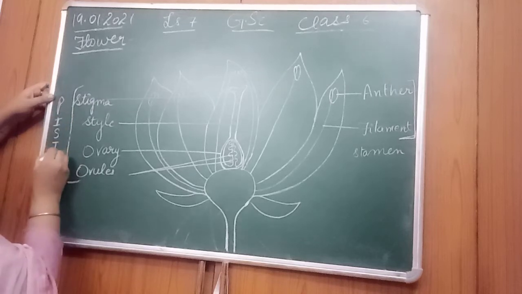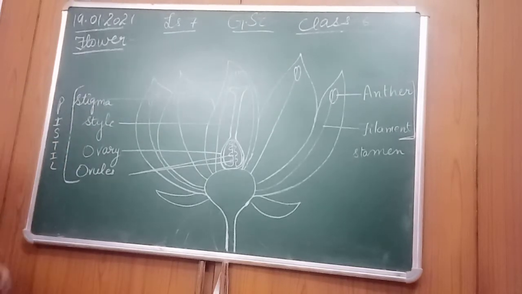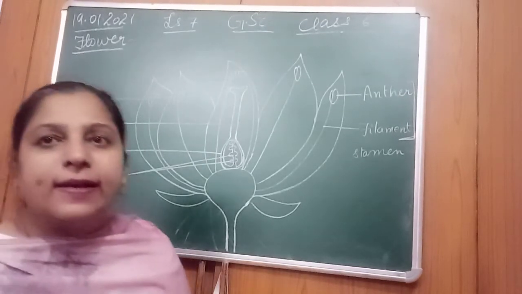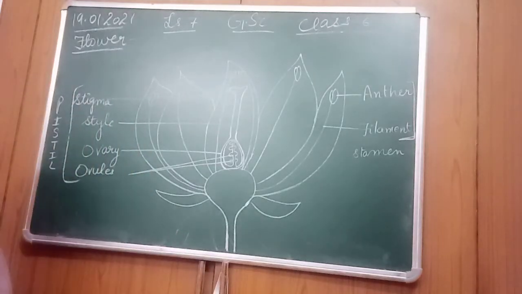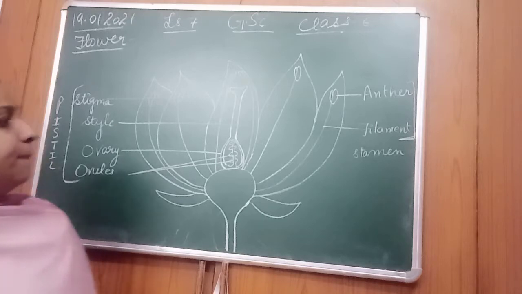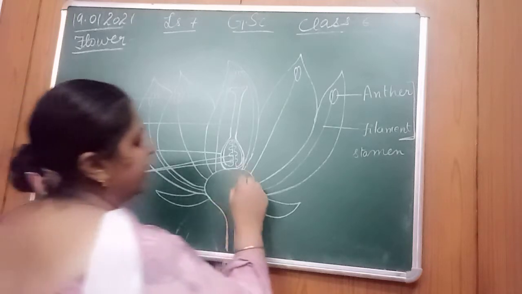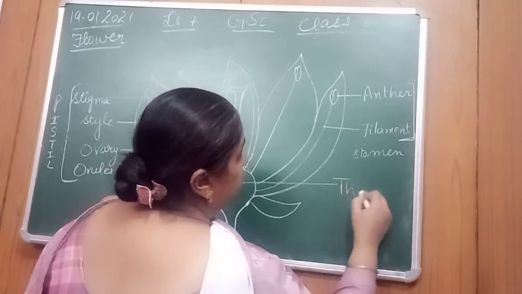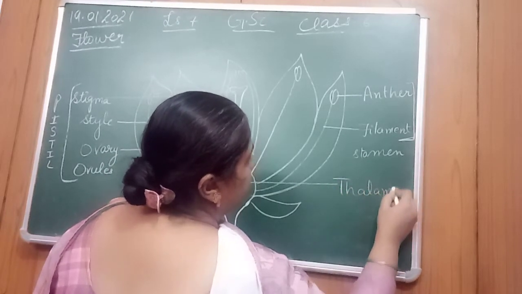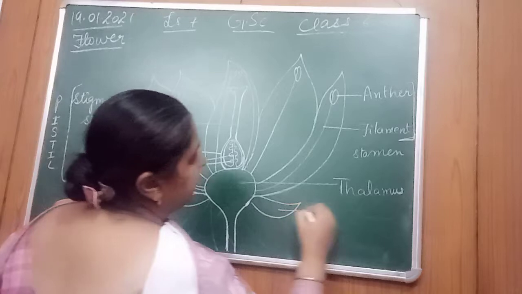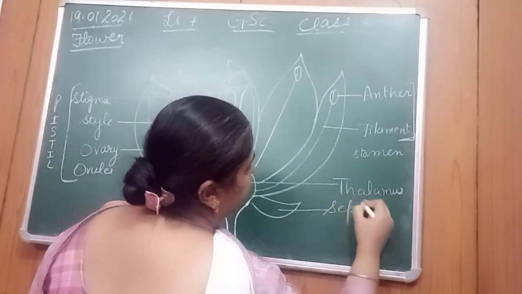What do we call it? Pistil. Got it? Hope it is clear to all. Pistil. Right? Now let us label other parts. This is thalamus. This is sepal, leaf-like structure, green.